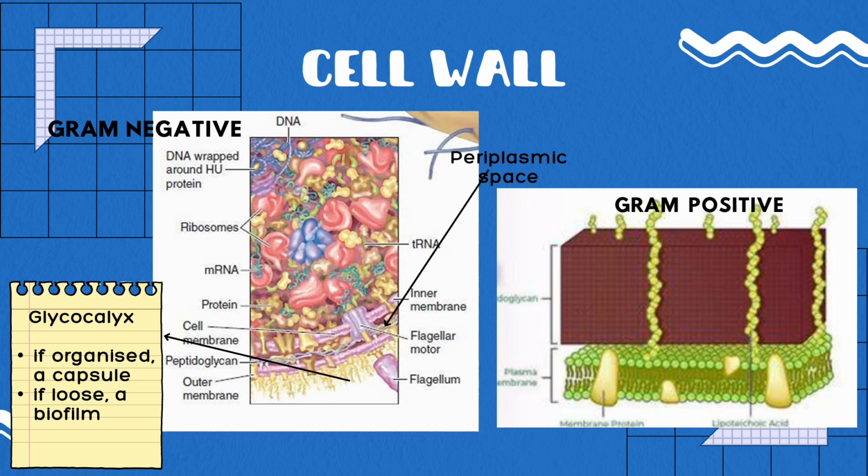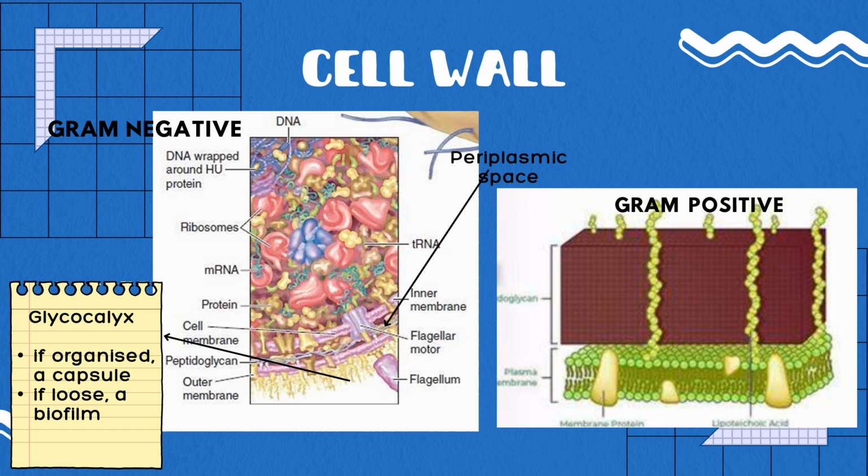It helps them evade immune cells and the destruction that the immune system brings on these bacteria. So it protects them from being destroyed, so that they can linger in your body, feed off of it, multiply, replicate, and cause more damage. This is if the glycocalyx is organized.